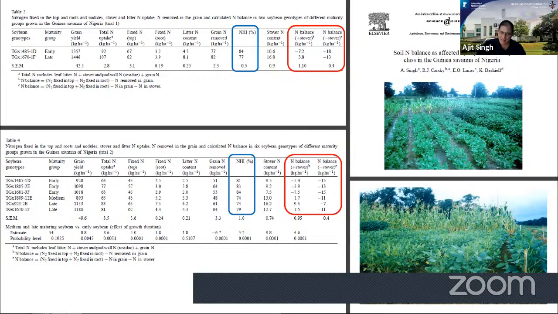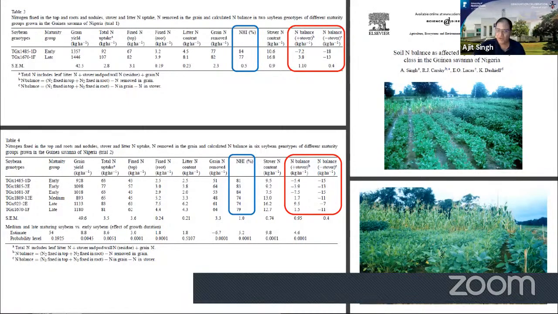Look at this, the 80s are mostly for the early duration varieties. They are smaller in size and have more grains, more pods, while the long duration varieties have more biomass. They stay longer on the field, while these are short, more improved varieties. So the early duration varieties are more efficient in moving nitrogen to the grain.